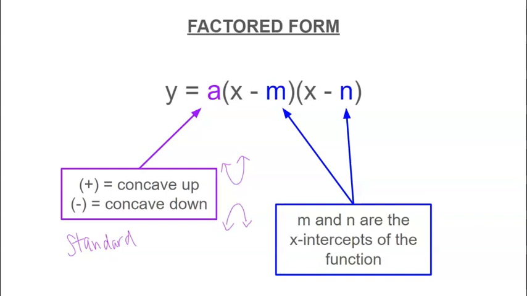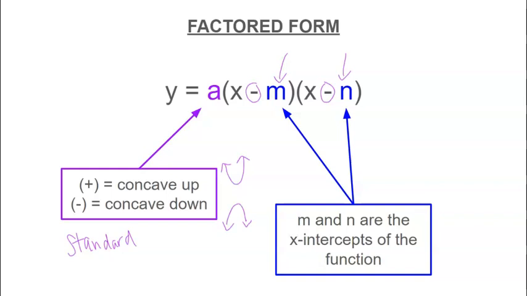And then we have the factors. Factored form has two factors, m and n. Please note that in factored form they are being subtracted, so that will change the value if it is being added.